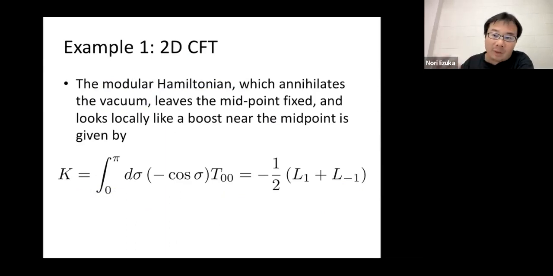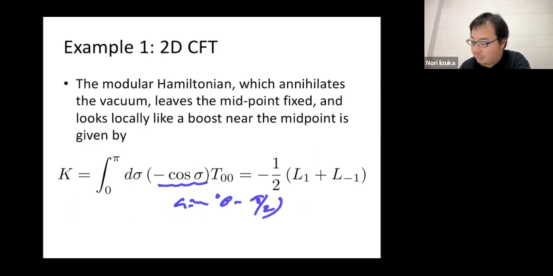But instead of K, we want to do V. So what's the point? At sigma equal to pi over 2, that's the connecting region between left and right, where this becomes a sine of sigma minus pi over 2.